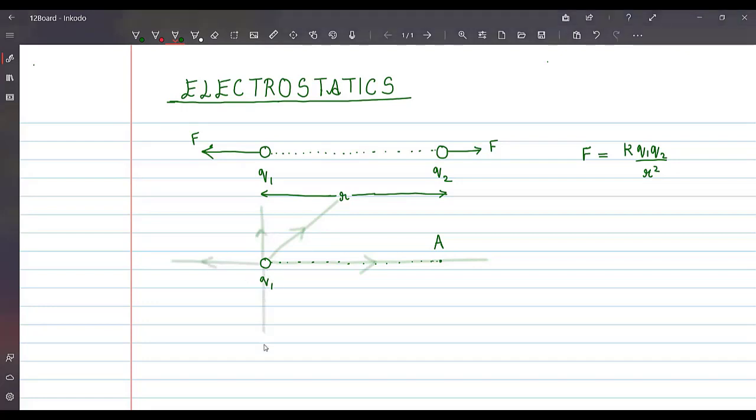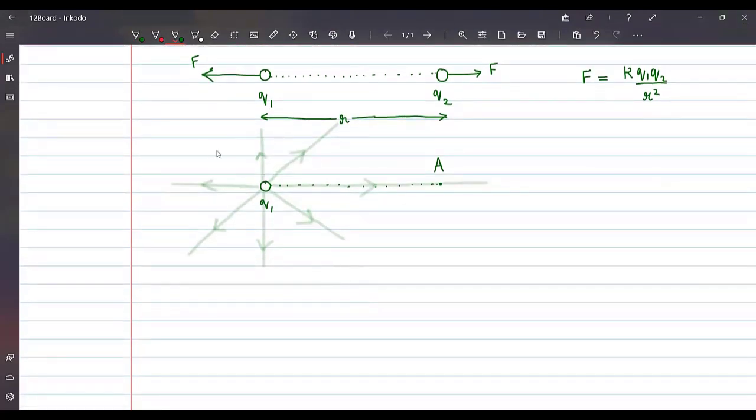So what scientists said was that there must be something coming out of the charge Q1 such that the other charge can detect its presence. And this whole theoretical concept brought a new insight into electrostatics. They called this flow a field, and it was related to electrostatics, so they called it the electrostatic field or electric field.